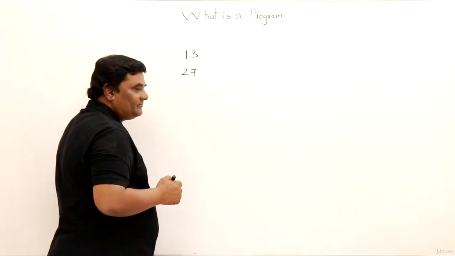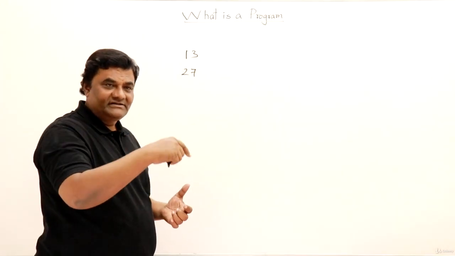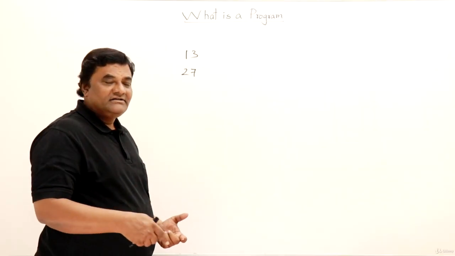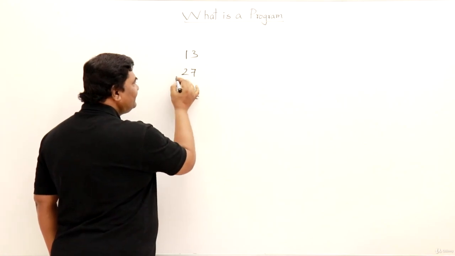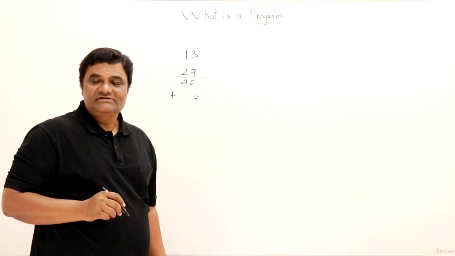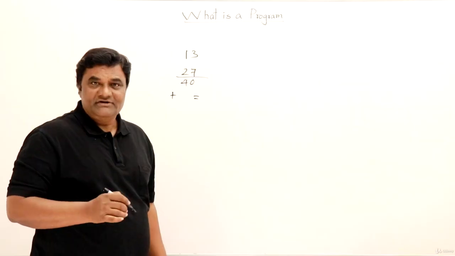So take a calculator, hit the first number 13 and then press plus, then hit the second number 27, then press the equal to sign, and finally I get the answer, that is 40. So I can use a calculator for adding two numbers, a simple task. I don't need a computer for this one.